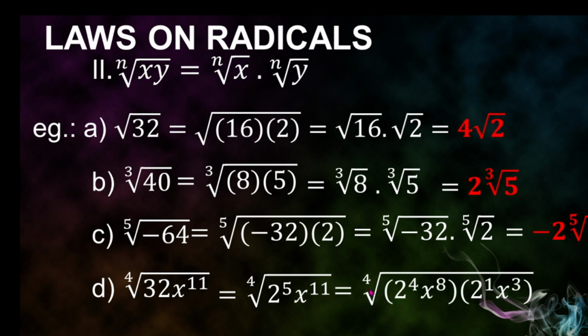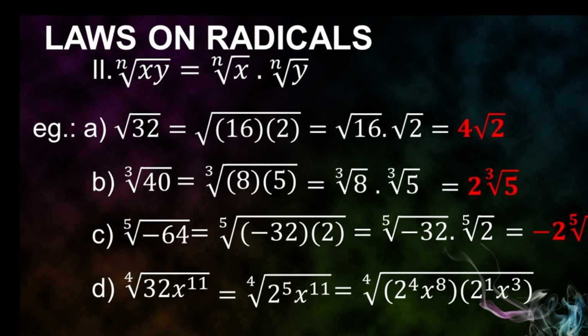So therefore, we can have this radical expression. We have the fourth root of 2 raised to 4 x raised to 8 times 2 raised to 1 x raised to 3. Take note that if the exponent is 1, we need not write it in our expression.